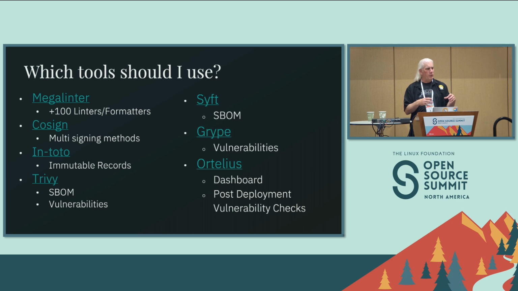Trivy kind of has it all built in one, so you can do a single call where you have the SBOM generation and vulnerability scanning done all in one go, or you could do it in two steps. Generate the SBOM, and then take the SBOM and do the verification for vulnerabilities at that level. And then finally, Ortelius, it's going to be your dashboard to view all this.